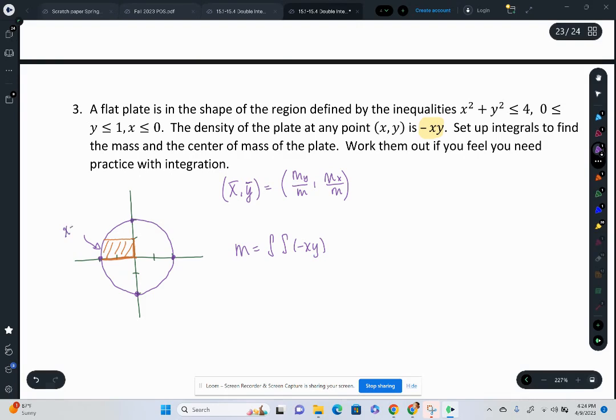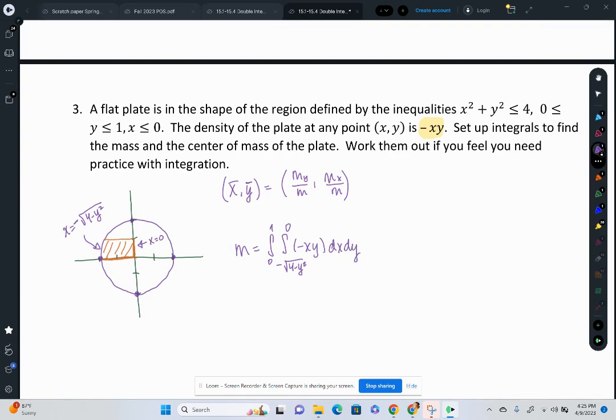I want x is equal to the square root of 4 minus y squared, but it's not the positive square root because I'm on the negative x-axis. So this is the negative square root. That will be my leftmost function. My rightmost function is x equals 0. So my lower bound here is negative square root of 4 minus y squared up to 0, while y is just going from 0 to 1.